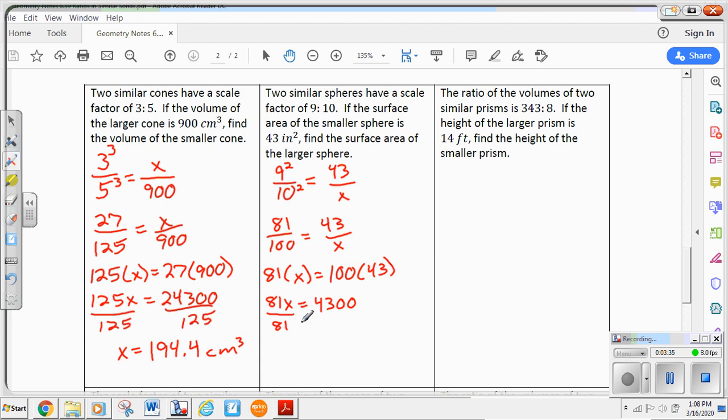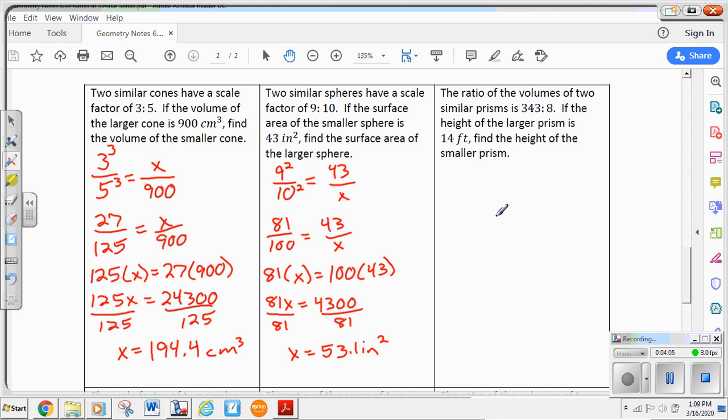Divide both sides by 81, and x is approximately 53.1 inches squared. The key step is taking the one-dimensional scale factor and squaring it so that it equals the dimensions of the two-dimensional surface area.